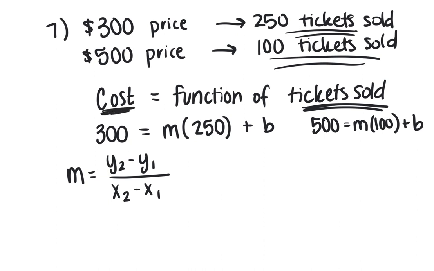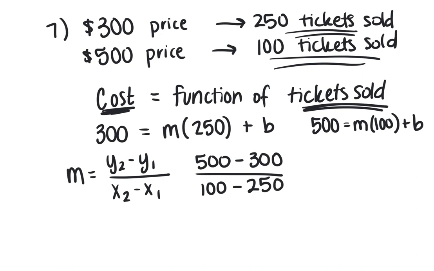So x is always what the function is of, and y is always what's over there on the left, what it equals. So we know that for a cost of 500 versus a cost of 300, we will sell 100 tickets versus 250 tickets. These two values have to go together: 100 tickets, $500, 250 tickets, $300.